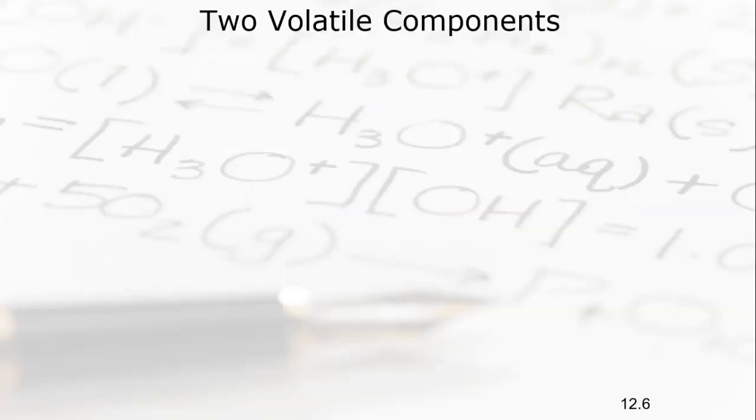So let's see what happens if I have two volatile components, both the solute, quote unquote, and the solvent. And remember that many times, particularly when we mix liquids, the designation of who's the solvent and who's the solute is somewhat arbitrary, because usually liquids, if they are soluble, we say they're miscible. In other words, they combine in all kinds of proportions.